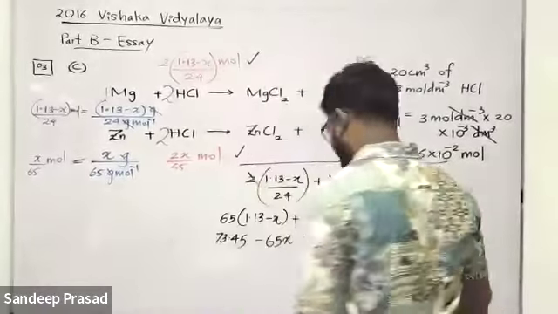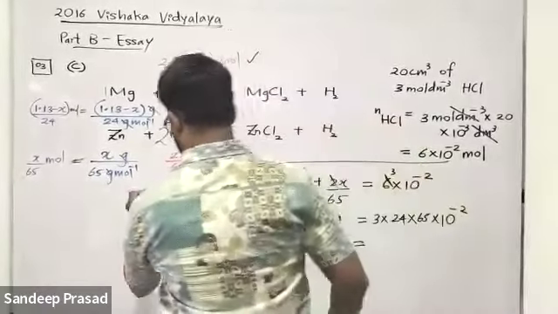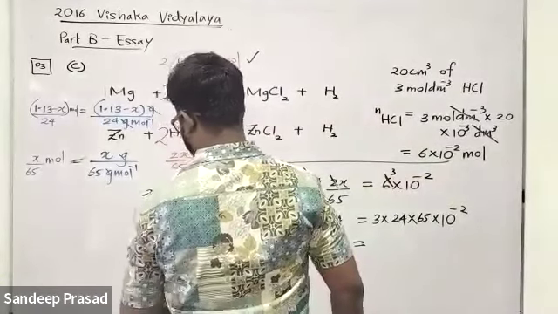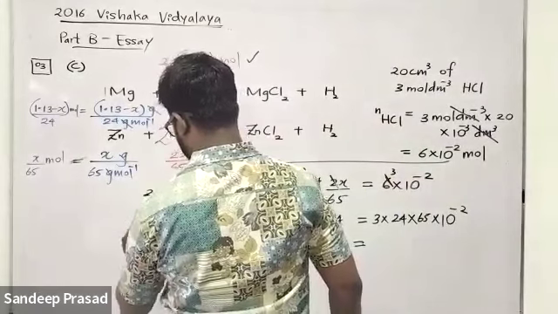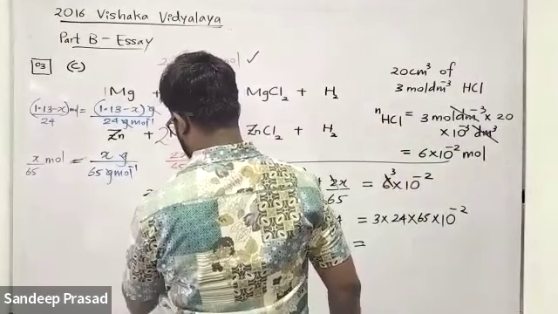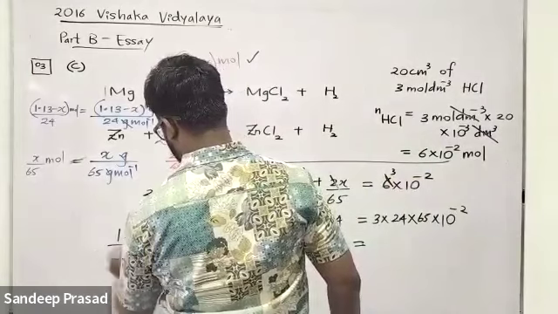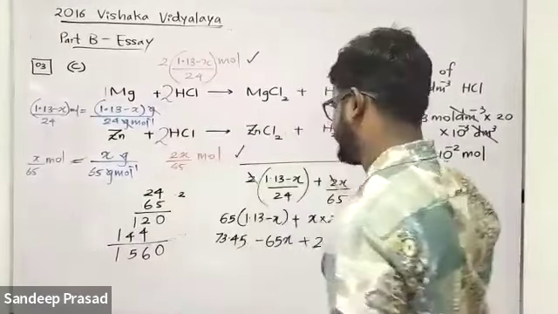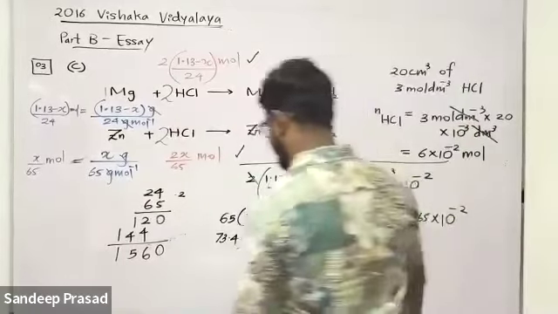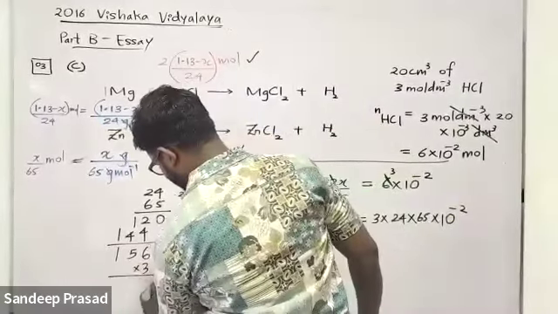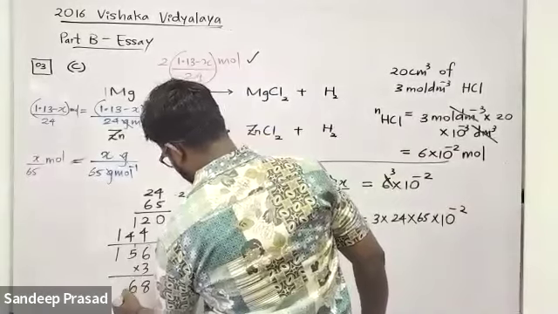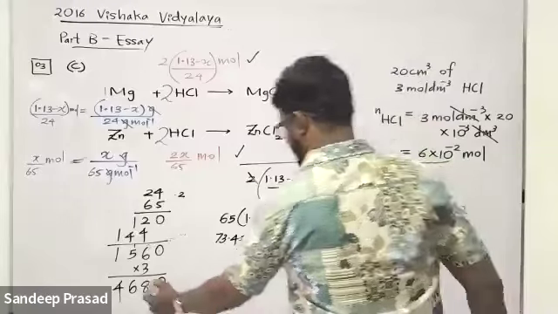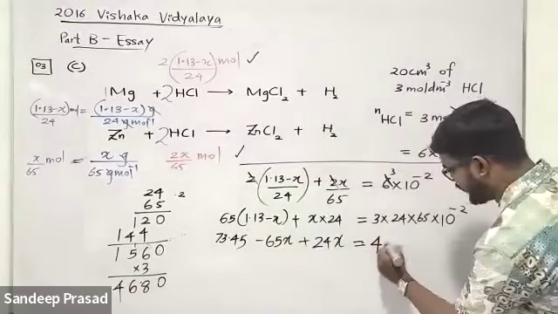And here we have, when you multiply 24 by 65, this is 0.651. Right? And this is multiplied by 3.0, 18, 1, 16. 10 to the power minus 6 means 46.8.